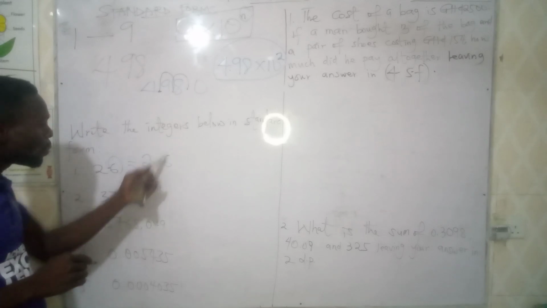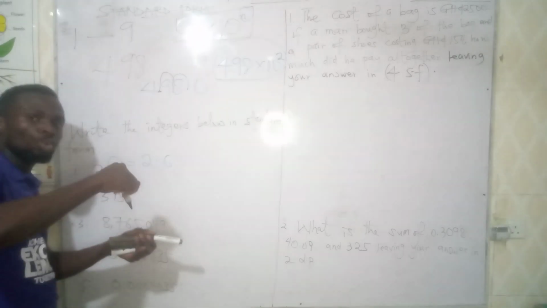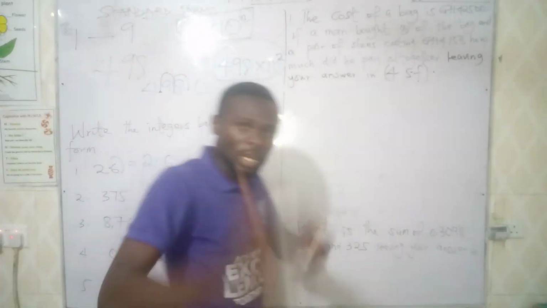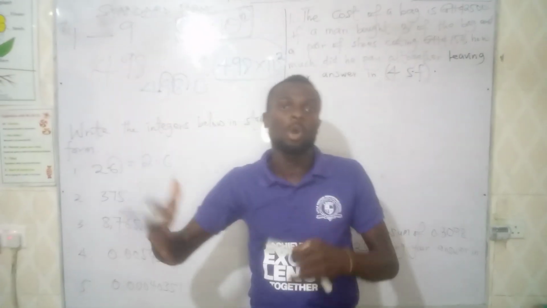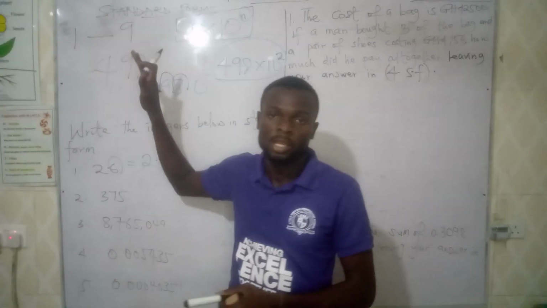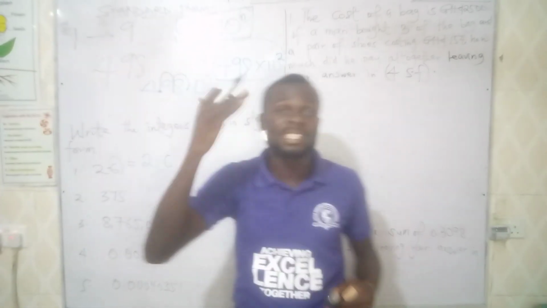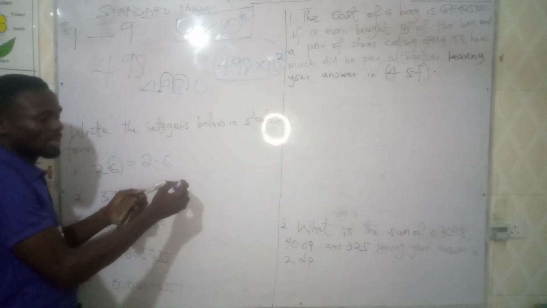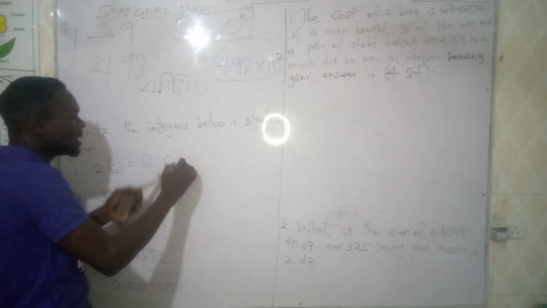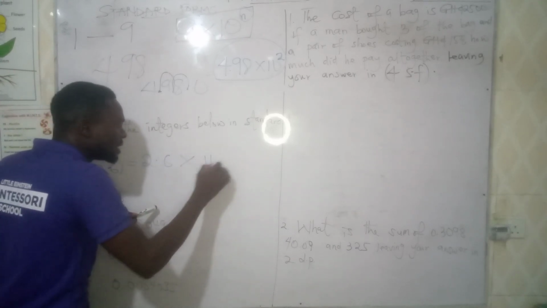Now if you have 2.6, 2 is within the range 1 to 9. So this 2.6 is getting close to being a standard figure. Good. So if I have 2.6, then I'm going to say 2.6 times 10.